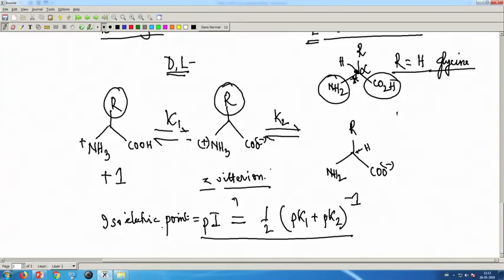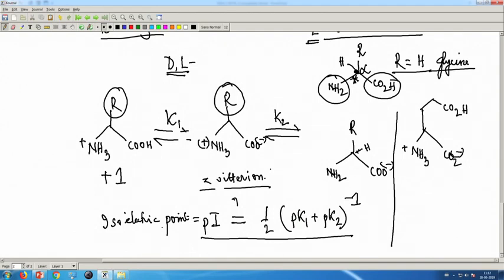Then you have amino acids where the R group contains another acidic group. You have NH3 plus and CO2 minus, I am just writing the zwitterionic form, and you can have another acid group, a CO2H group. So, an extra carboxy group.